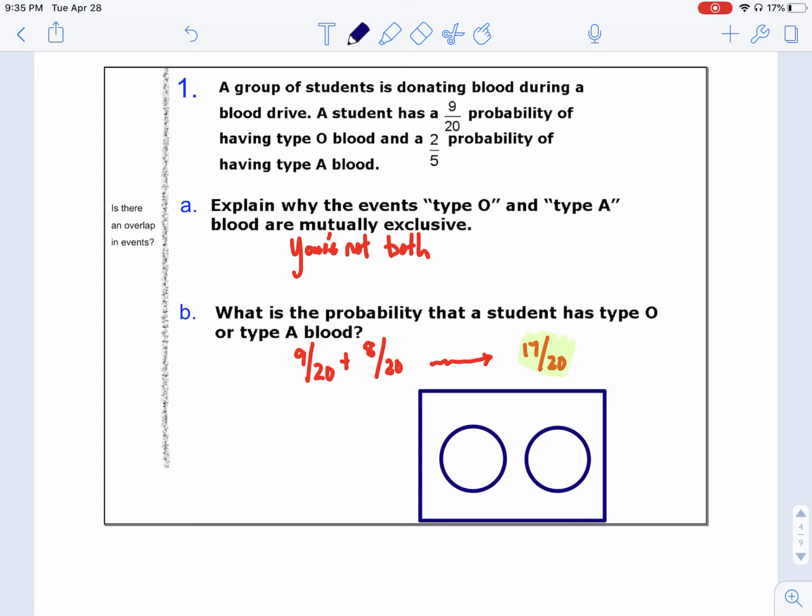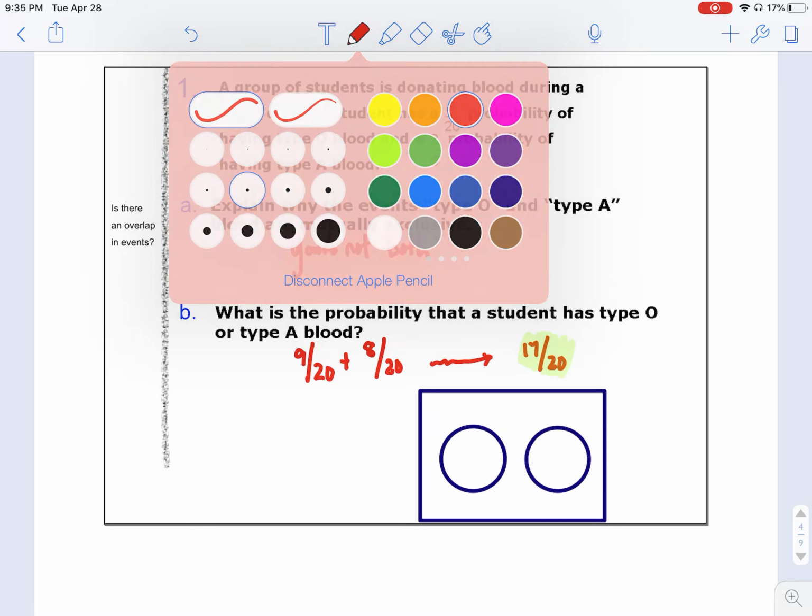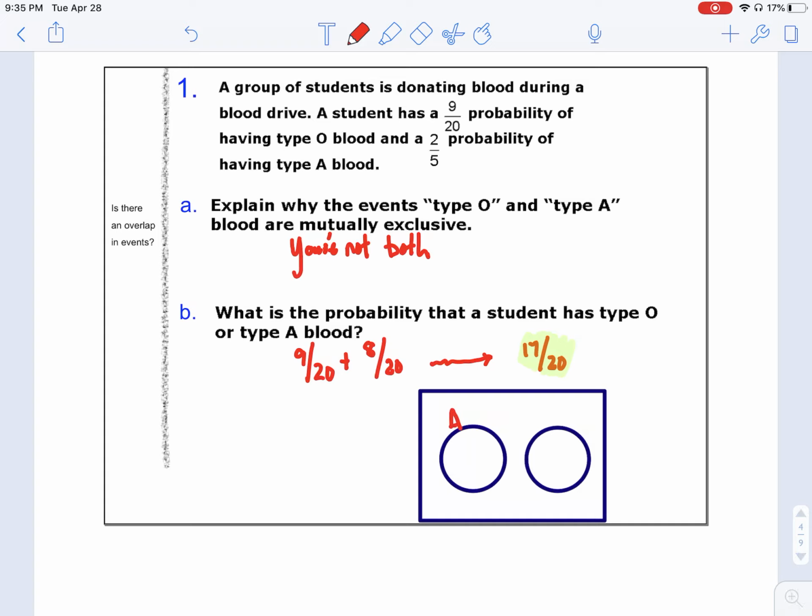So if there was 20 students that we had in this class, 9 of them would have type O, and 8 of the 20 would have type A, and 3 of them would have neither A or O, so it would be out on the outside of the circles, but inside the rectangle.